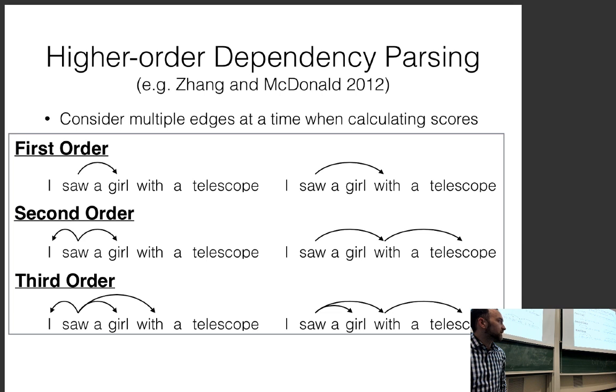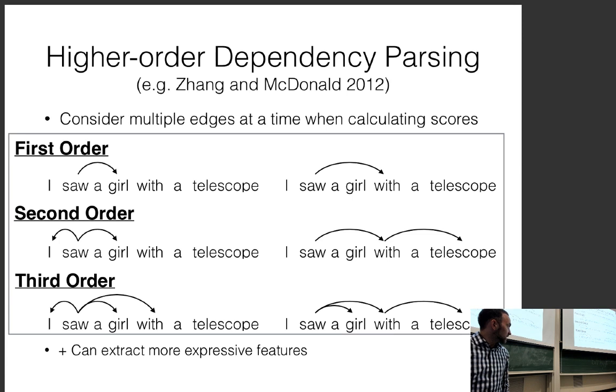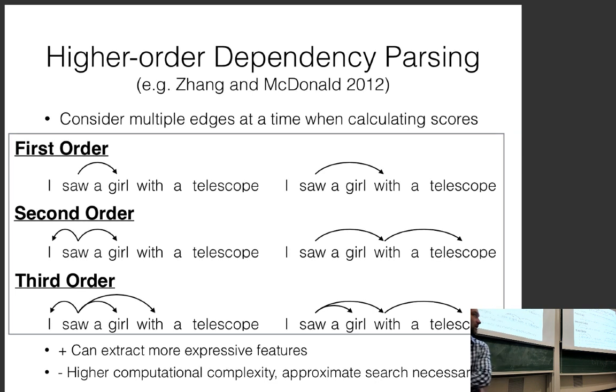Basically, you would get much better results if you had these second order edges in here, because it allowed you to figure these things out. So a really good benefit of this is you can extract more expressive features. A really large disadvantage of this, though, is if you consider all pairs of words in the sentence, obviously a graph-based dependency parser is n squared at the very least, right?